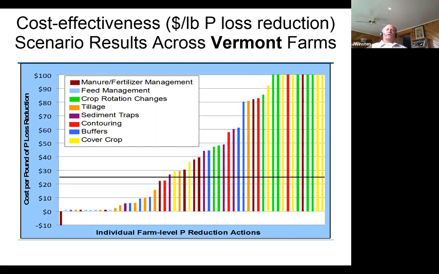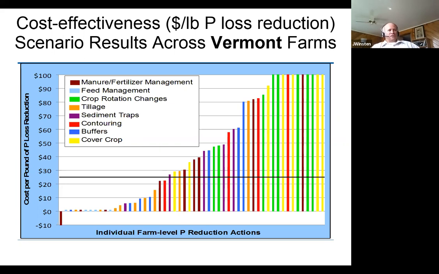I guess I'll say quickly, the leftmost bar, that was on a farm in Vermont on a dairy farm, where every year, for every field that was going into corn that year, the farmer would put down 200 pounds of 20-10-10 fertilizer.